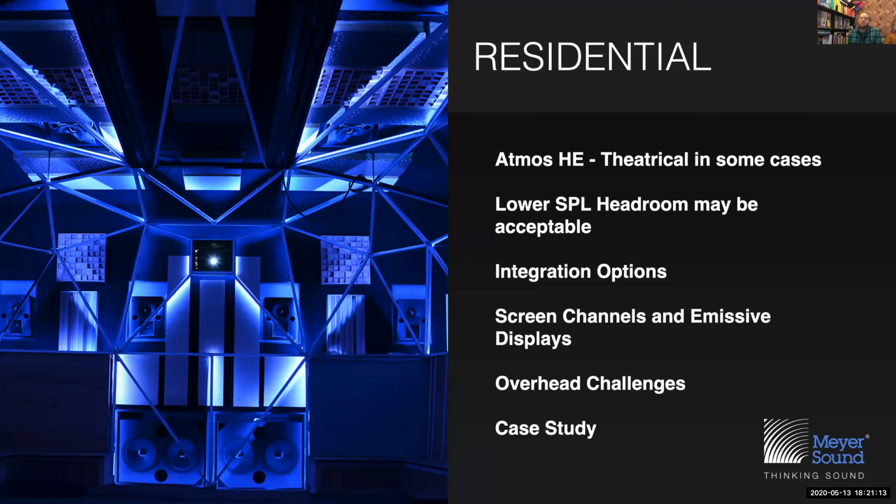We'll talk about screen channels, and specifically for the home, for like LCD and OLED TVs, what to do with screen channels when you can't put them behind a projection screen, as well as the overhead challenges in residences and some things we've seen pop up. I was talking about last week, actually. And then we'll do a case study. So let's move forward.